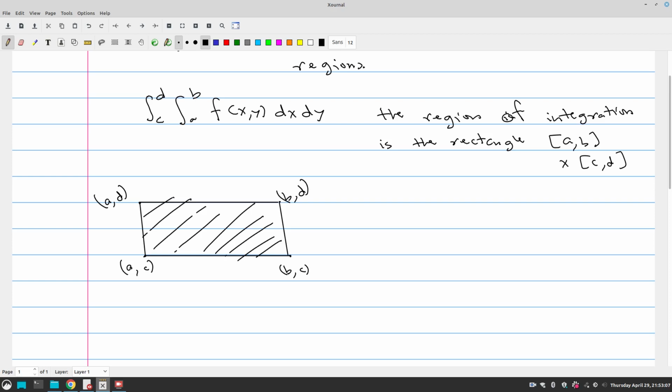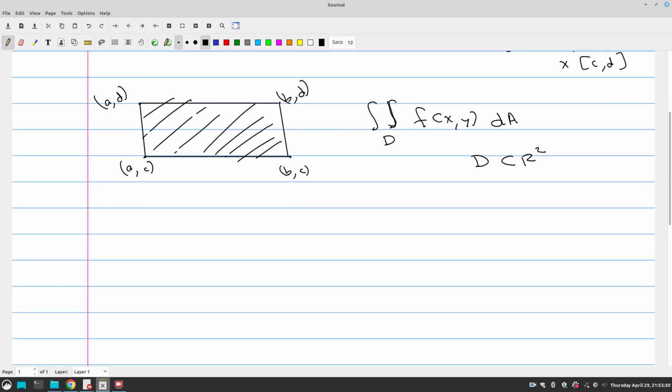So let's say you wish to do this integration. Here you want to integrate over some region D, f(x,y) dA. Now D is of course some subset of R2.